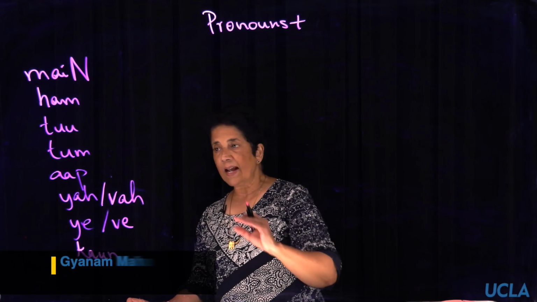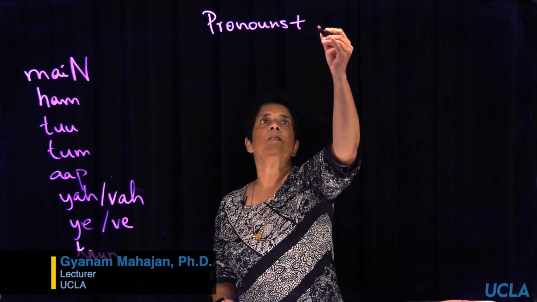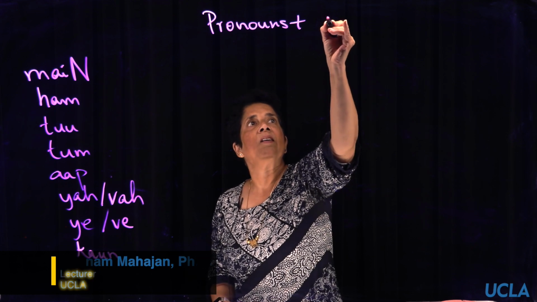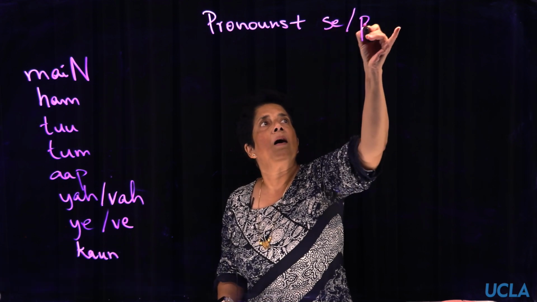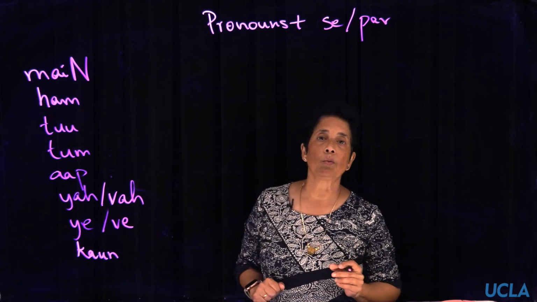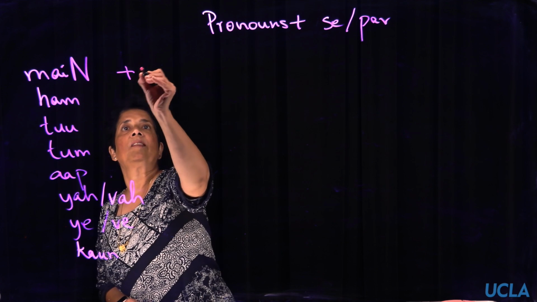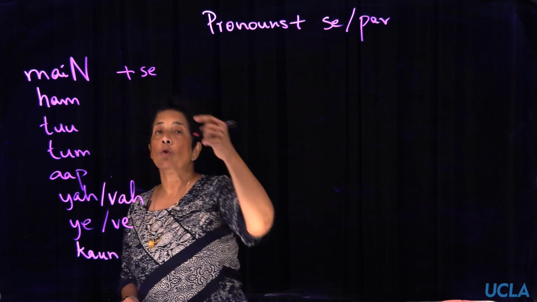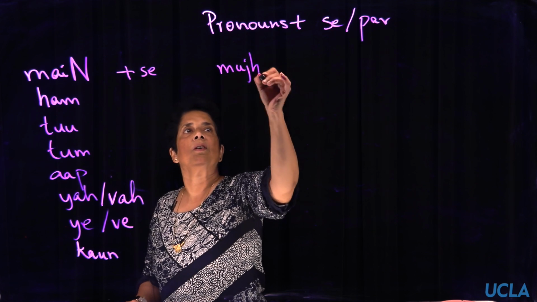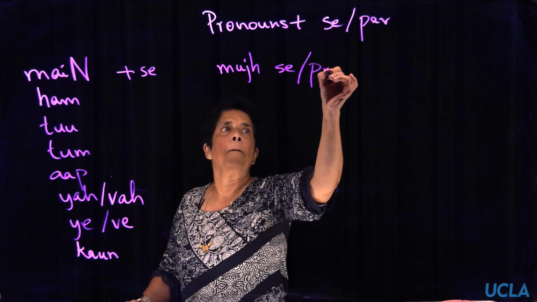So in this next segment, what we're going to do is attach postpositions like se or par, okay, and see what happens to the pronouns. So main plus se, okay, you'll trigger the oblique form and you're going to get mujh se, or you can get mujh par.